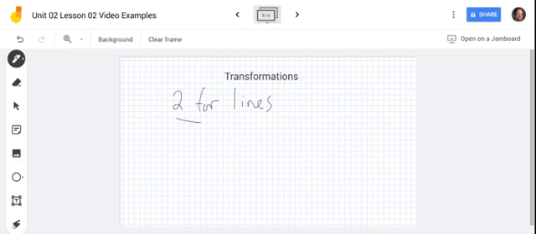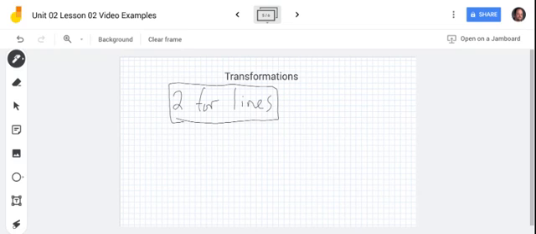We're going to ignore ones like dilation and rotations. Dilation, remember, makes graphs get bigger and smaller, but equally. Rotations spin them around. We're not going to worry about rotations at this point. There is a case where it works, but for right now we're going to focus on two.